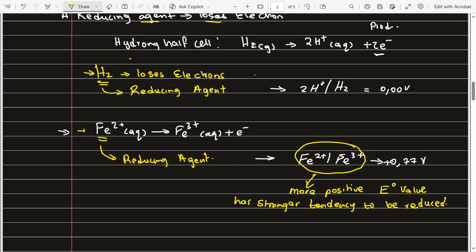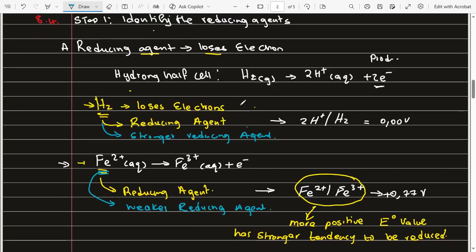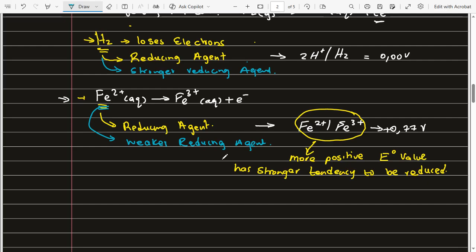So the one that has a stronger tendency to be reduced is going to be a weaker reducing agent. So this Fe is going to be a weaker reducing agent, and this will make the hydrogen gas the stronger reducing agent. So now you know how to identify which one is the stronger reducing agent and which one is the weaker reducing agent.